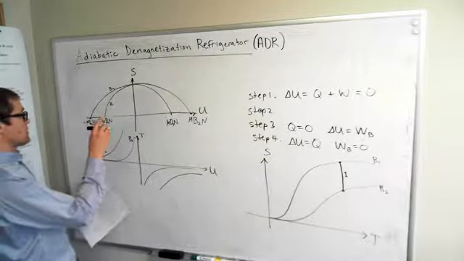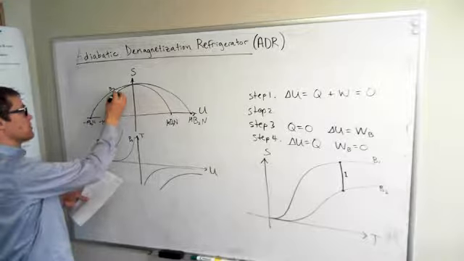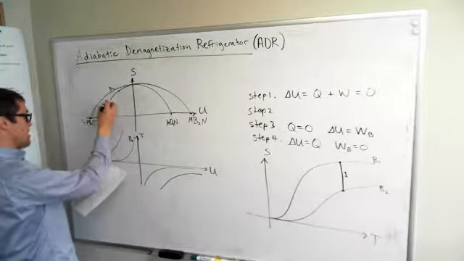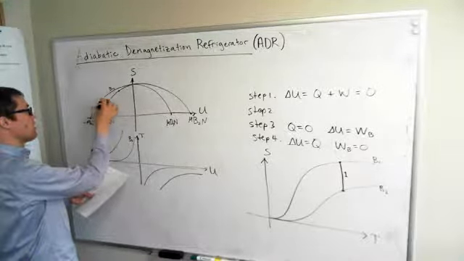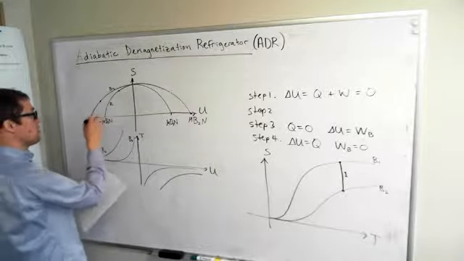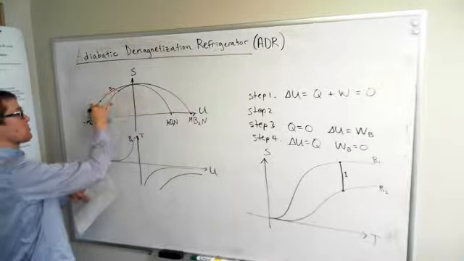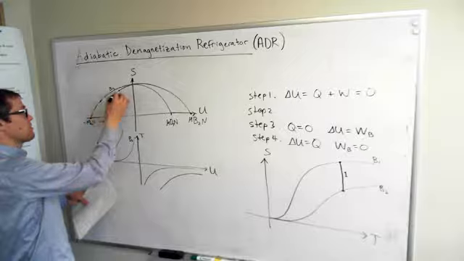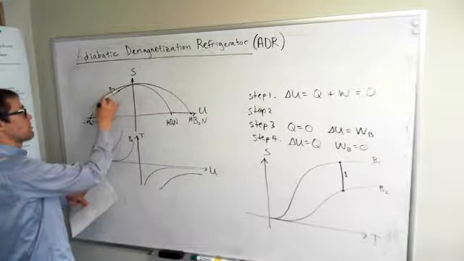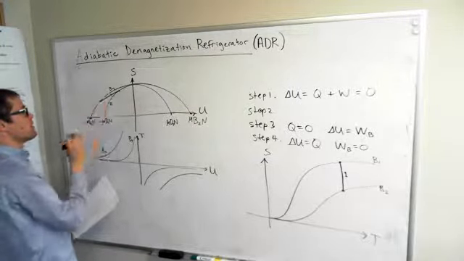So maybe we can draw that on this curve over here too. We start at B1 somewhere, and we go to some lower entropy. It's got to have the same slope because we're talking about the same temperature, but it's going to a different magnetic field at lower entropy. So step 1 is right here.